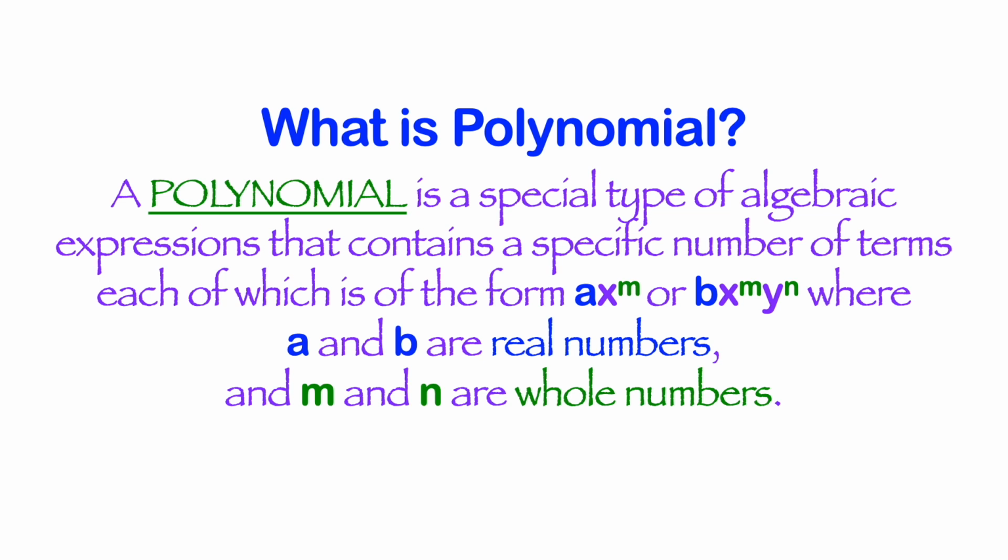Hindi pwede sa exponent yung negative integers. Hindi rin pwede sa exponent yung fraction, decimals, or yung variable. Pag merong mga ganon, hindi na yon polynomial. Pero algebraic expressions pa rin sila.